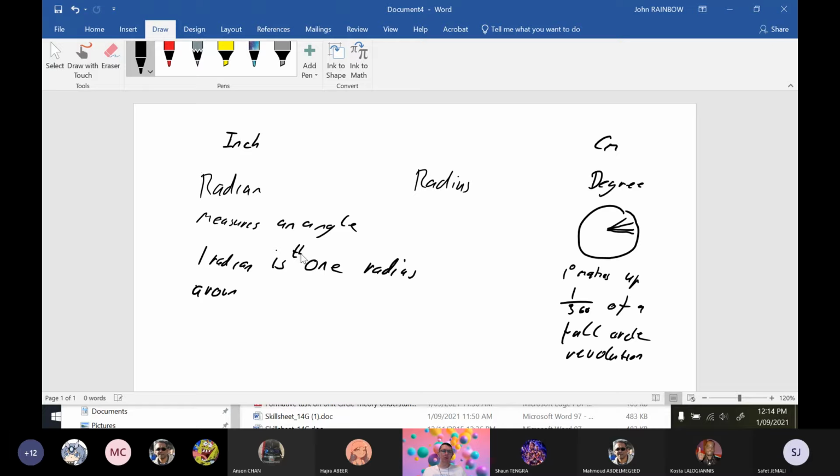It is the angle of 1 radius around the circle. So what do I mean by that?